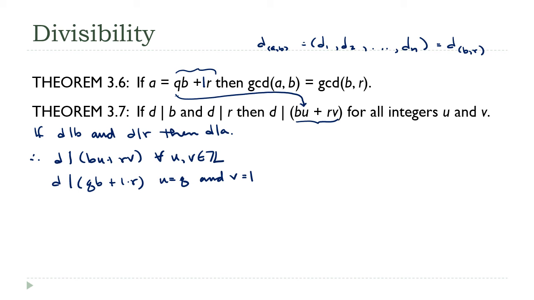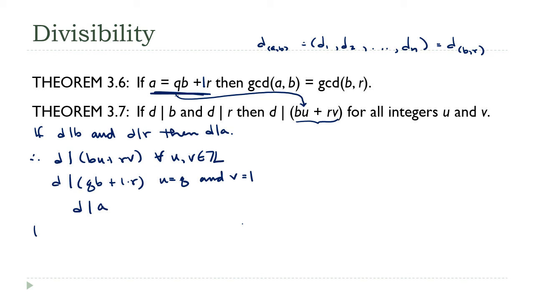Okay, but wait a minute. Come back up here to our original assumption. Our original assumption was that A is equal to QB plus 1R. Well, let's substitute. This means that D divides A. So what did we show?